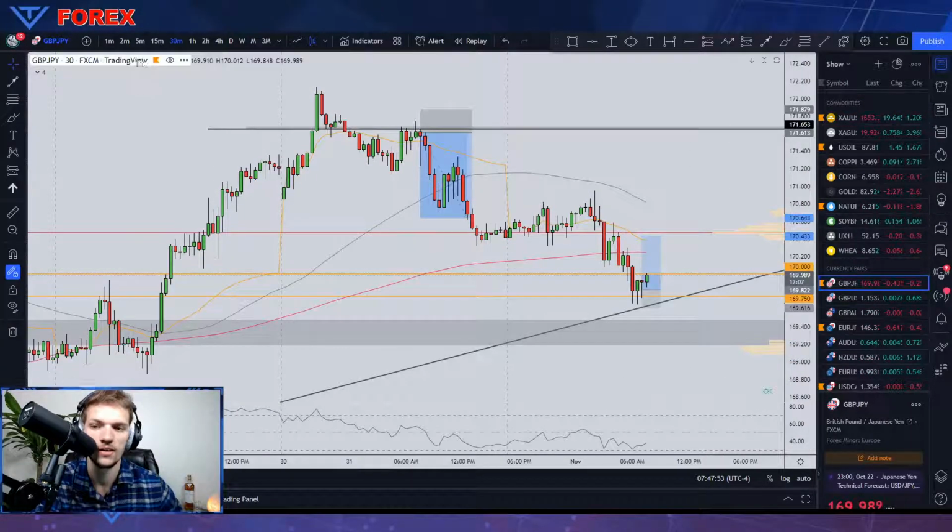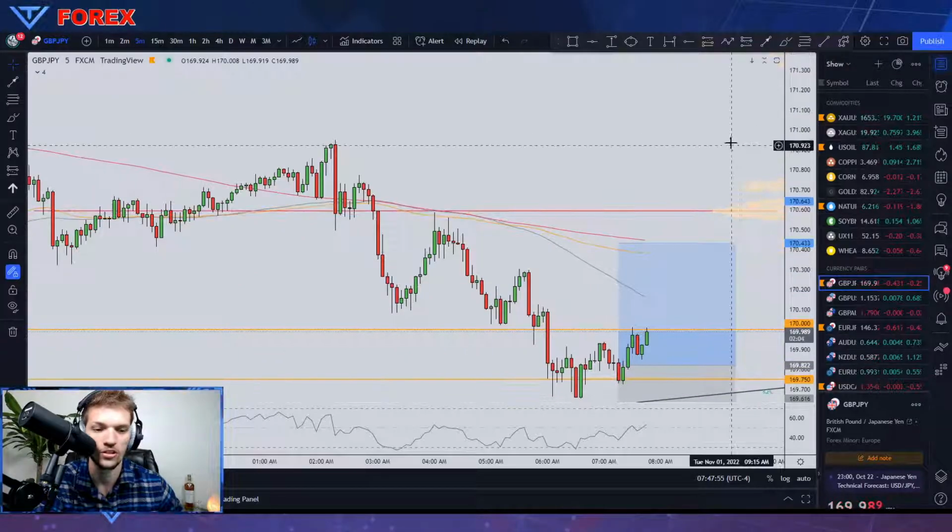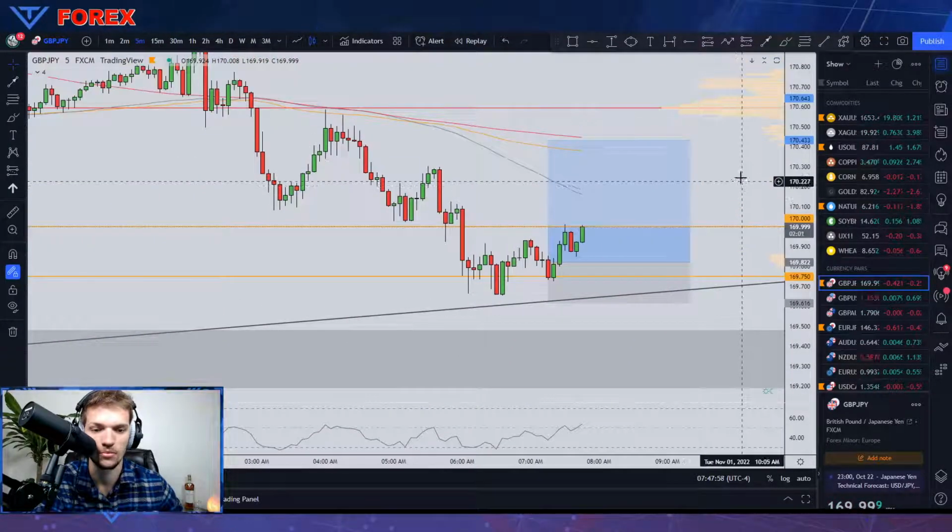Pound yen, we are now approaching this 170 quarter point. So let's see if we can get that breakthrough.